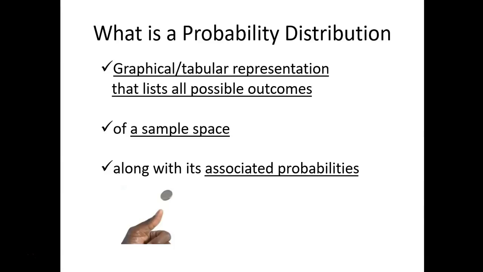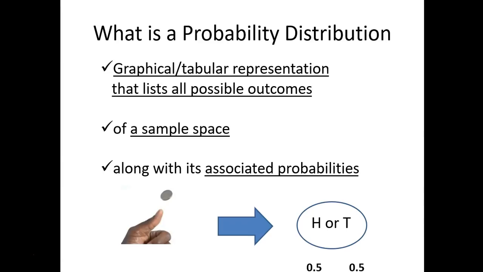So let's take a very basic example to illustrate this point. Let's say I toss a coin, and what are the outcomes? It can be head or tail, and what is the probability of head and what is the probability of tail? So it's a 50-50 chance, right? So the probability of head is 0.5 and the probability of tail is 0.5.